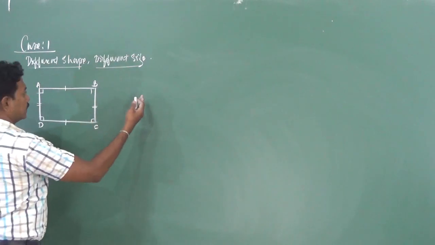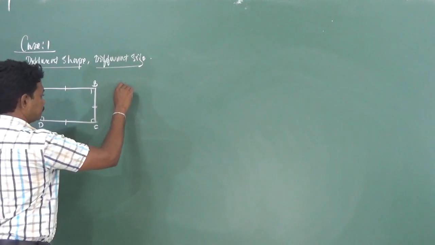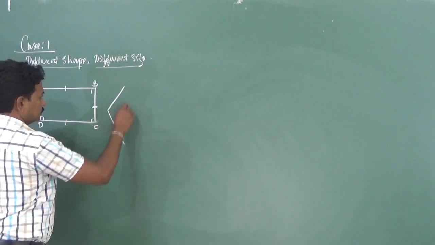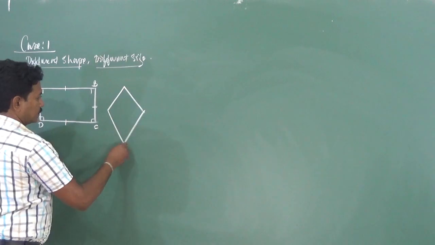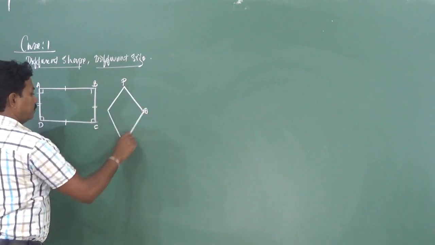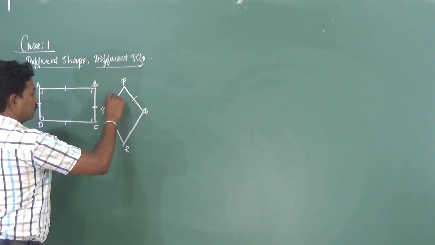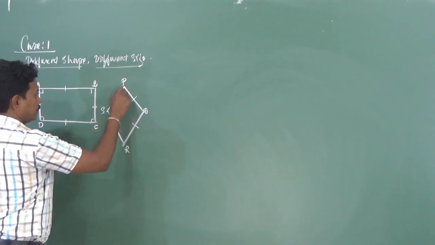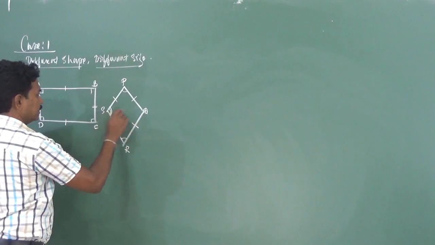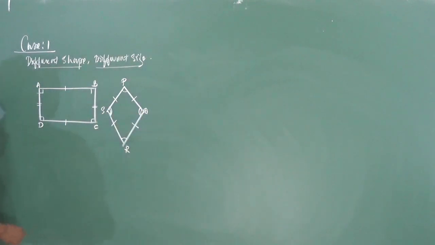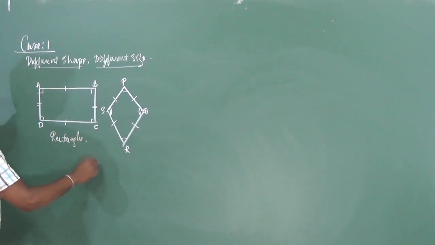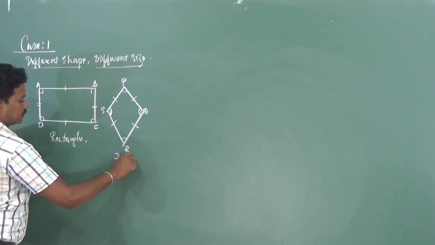And I have another geometrical figure, PQRS. Let us name the vertices. Here all the 4 sides are equal. This angle is equal to this, and this angle is equal to this, so I can call it a rhombus. So this is a rectangle, and this is a rhombus.